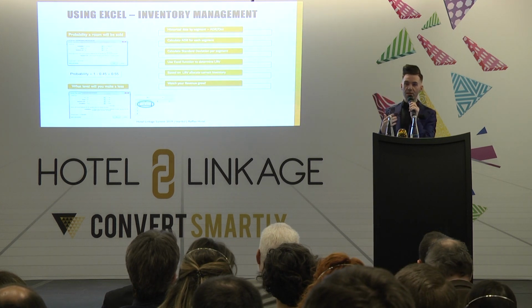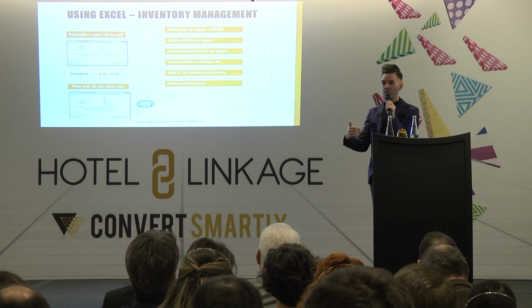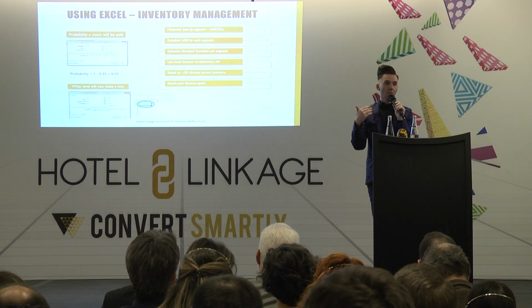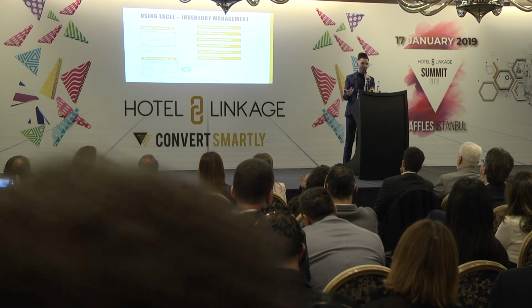So your revenue managers, you have to be asking your revenue managers these type of questions, right? Why don't I know about things like this, you know, as hotel owners, as GMs, as whatever? You can do this in Excel. It's pretty easy to do. It's a simple case of taking this information that I'm displaying here and just applying it in the Excel formulas that Excel actually allows you to do.